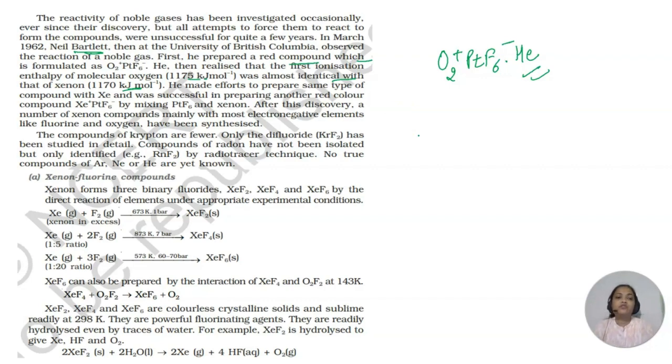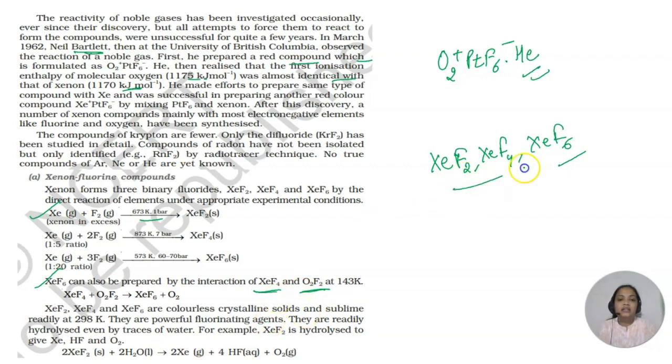So mainly the compounds of xenon are known, like we have fluorides XeF2, XeF6, XeF4, by direct reactions of xenon and fluorine gas under experimental conditions. XeF6 can also be prepared by the interaction of XeF4 and O2F2.